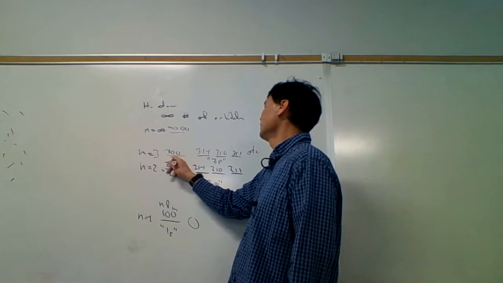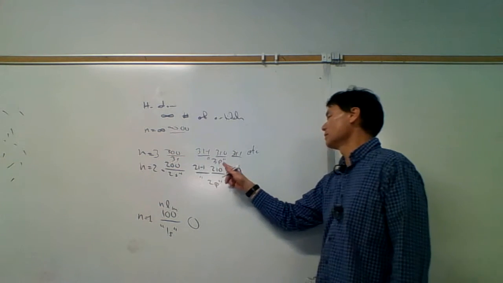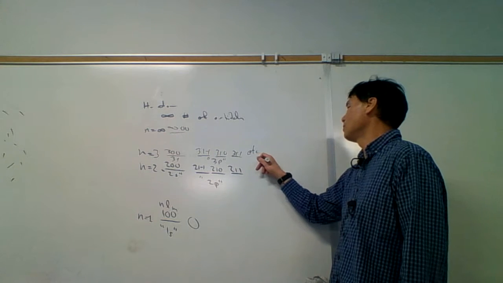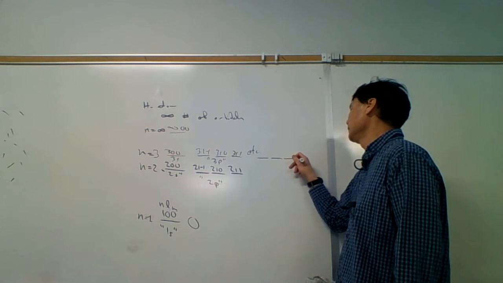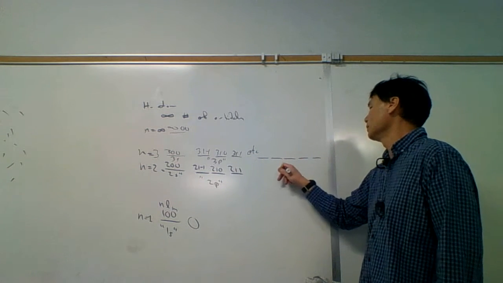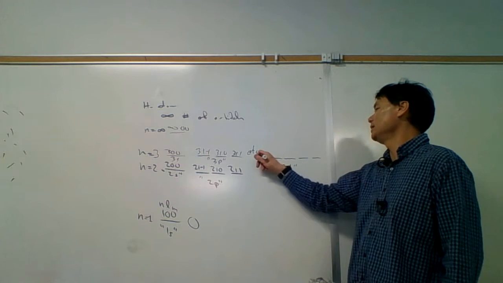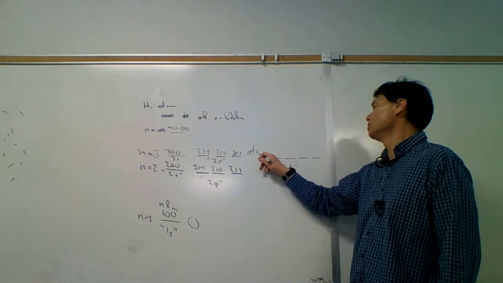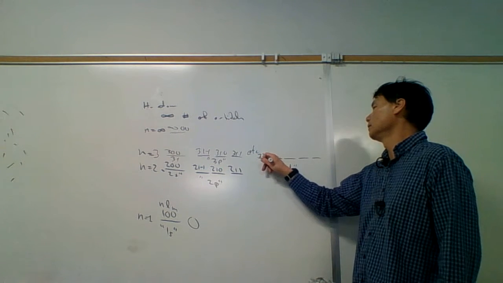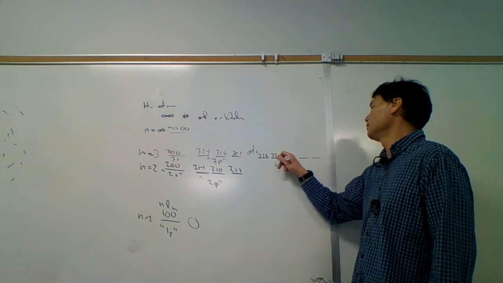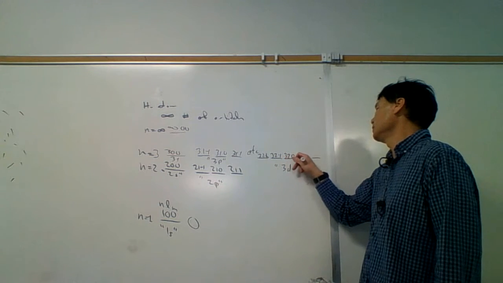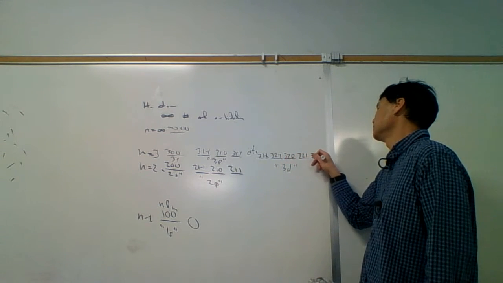But when n equals 3, we have the 3s, the 3p sublevel, and then one more, called the 3d. And that has 5 orbitals. The 3d consists of these: 3, 2, negative 2, 3, 2, negative 1, 3, 2, 0, 3, 2, 1, and 3, 2, 2.